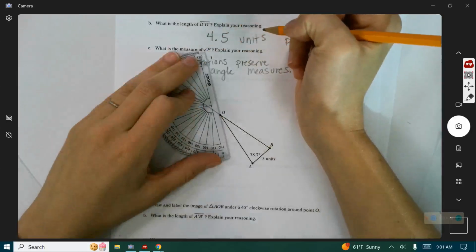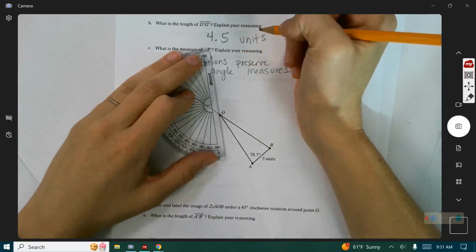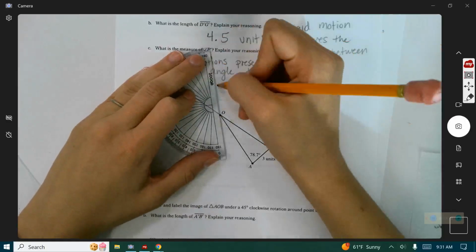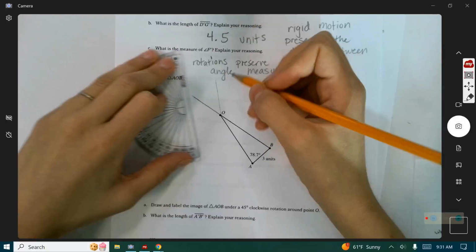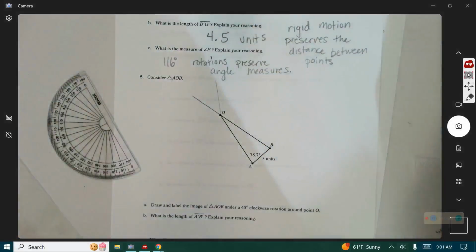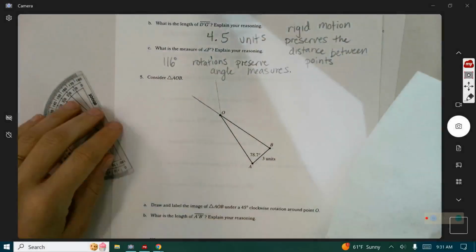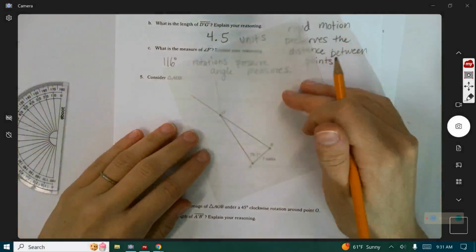Now I'm going to create a line connecting my point with my 45-degree mark. Just a faint one. Okay, so now taking our tracing paper, we are going to draw our figure.